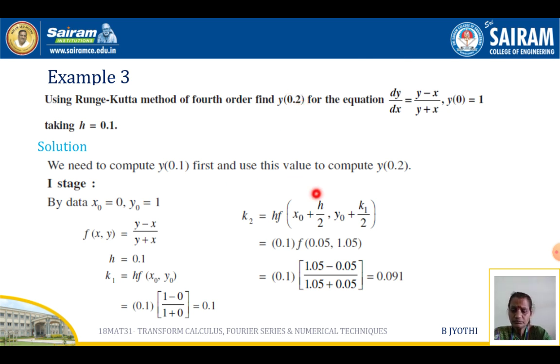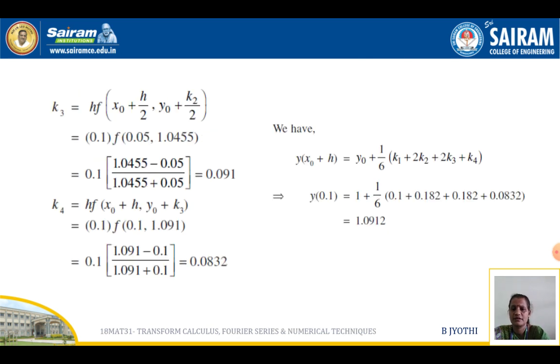So in the stage 1, x naught is 0 and y naught is 1 because of the initial condition. So f of xy is assumed as y minus x by y plus x and h is given by 0.1. So k1 by using the formula we get 0.1. K2 by using this formula, again we get 0.091, and K3 is, by using this formula, 0.091 again, K4 0.0832.